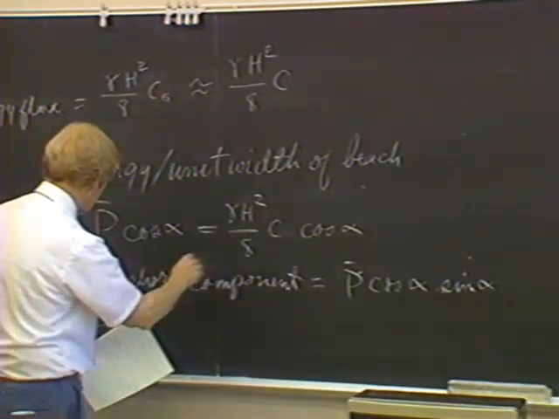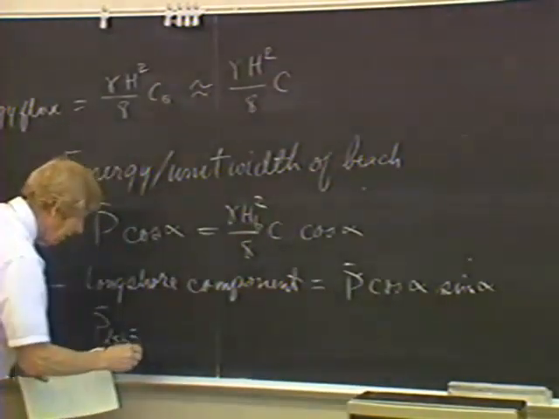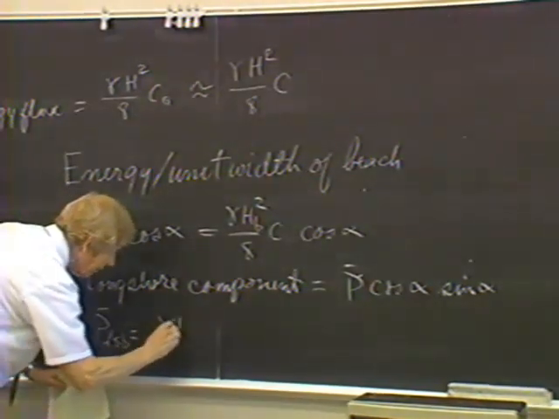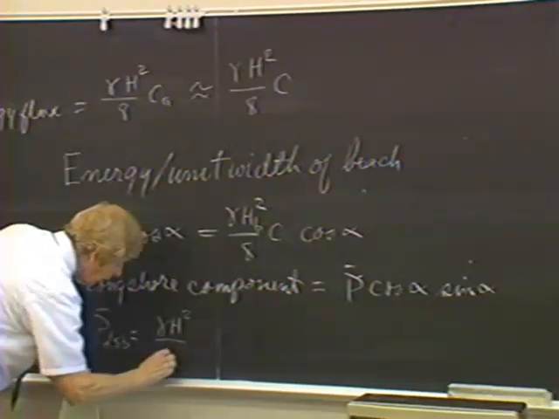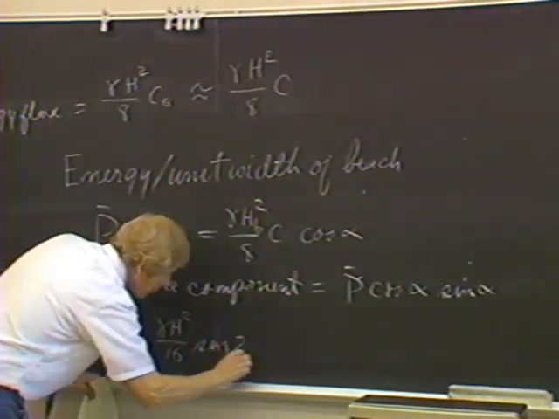They're at the beach, so this would be H sub B here, is equal to gamma H squared over 16 sine 2 alpha.